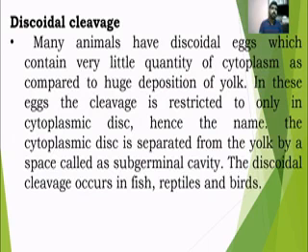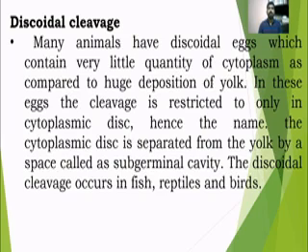You can observe this. Discoidal cleavage means many animals have a discoidal egg which contains a very little quantity of cytoplasm as compared to the huge deposition of yolk. In these cells, the cleavage is restricted to only the cytoplasmic disc, that means at the animal pole. Okay, hence the name itself is discoidal cleavage.